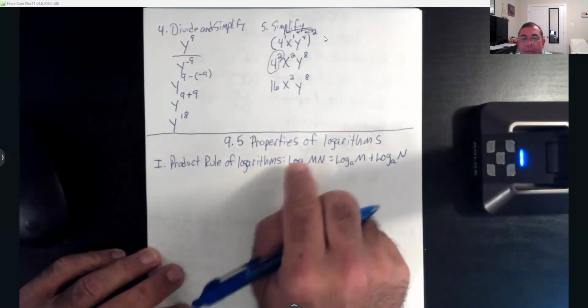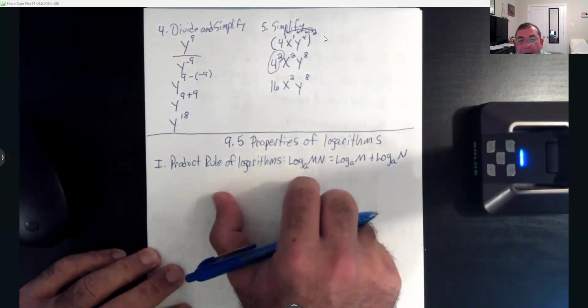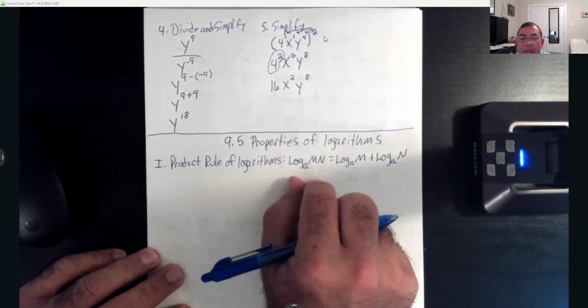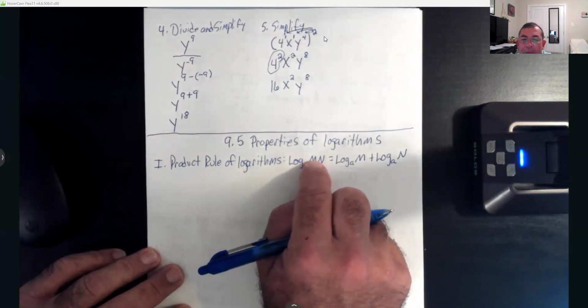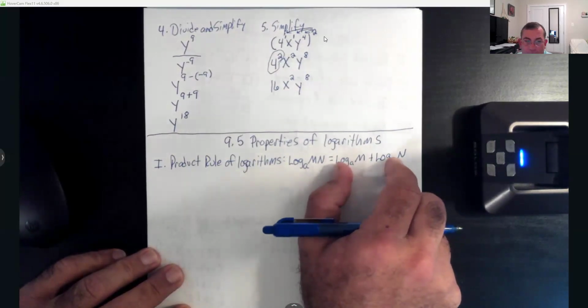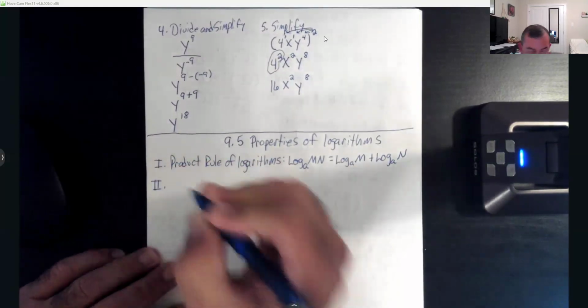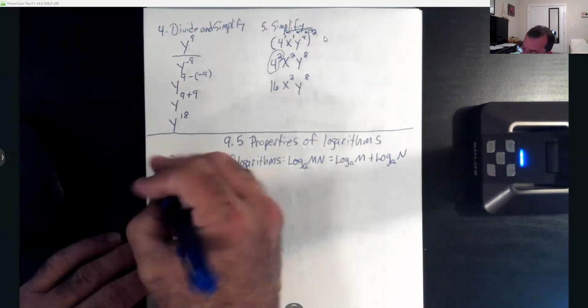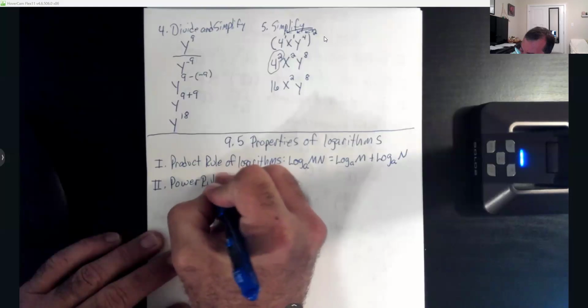So always remember that the product rule of exponents, when you was multiplying variables, you added the exponents. Well, the product rule of logs, when you're multiplying the variables, you add the logs. Okay. I got a power rule of logs, just like I got a power rule of exponents.